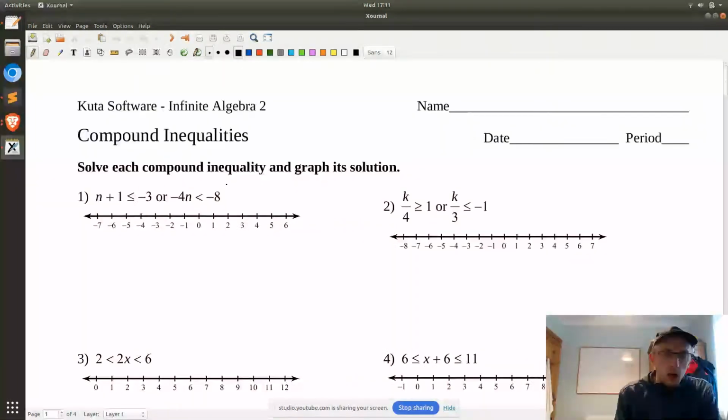Solve each compound inequality and graph its solution. Okay, well, this one means equal to -2. No, -4.